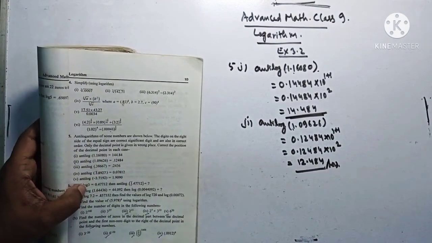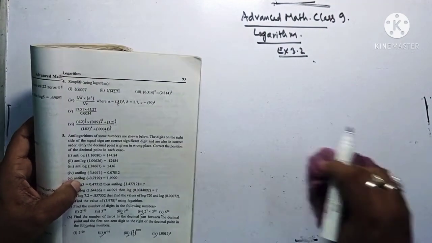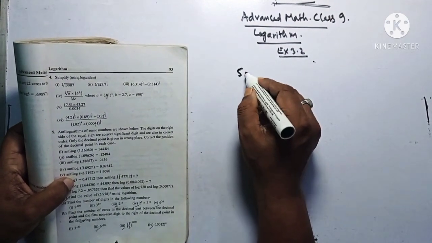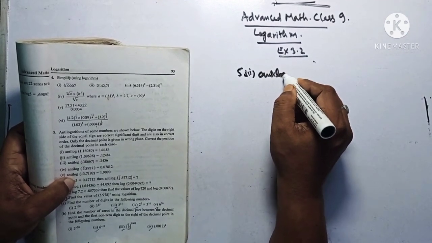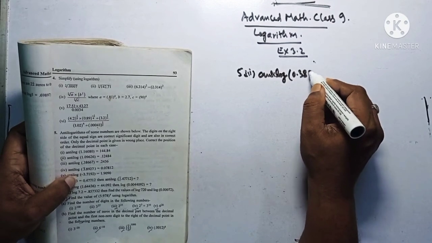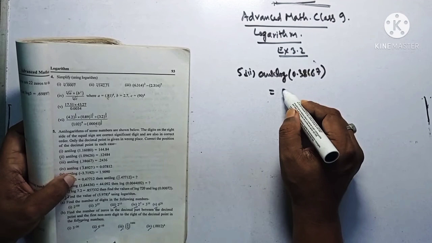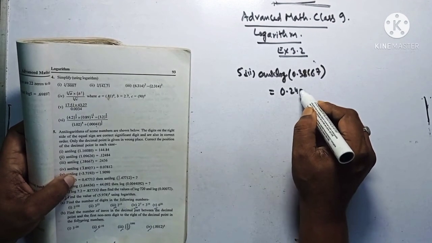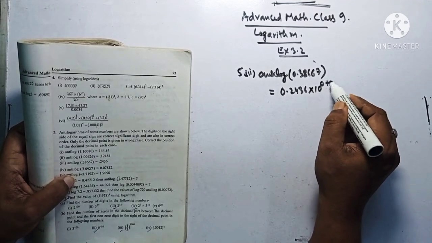Now again, your question number 3. See question number 3. This is anti-log 0.38667. So this comes out to be 0.2436 into 10 to the power of 0 plus 1.